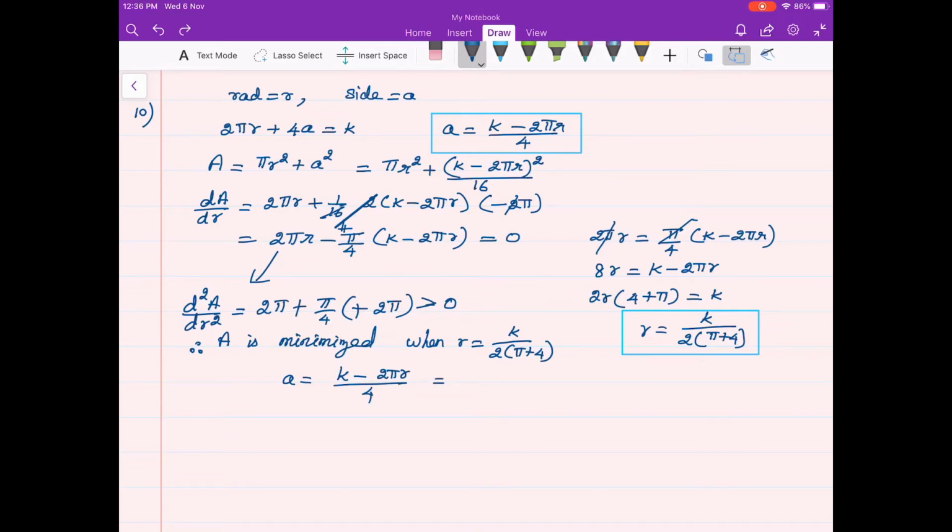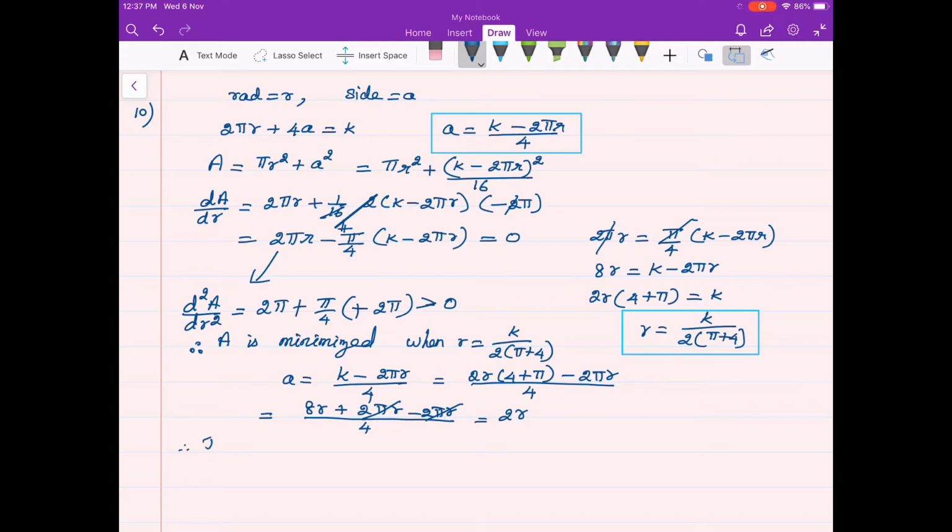To get the result a is equal to 2r, let us eliminate k. k is 2r times (4 plus π) minus 2πr over 4. Open the brackets. We get 8r plus 2πr minus 2πr divided by 4. 8r divided by 4 is 2r.